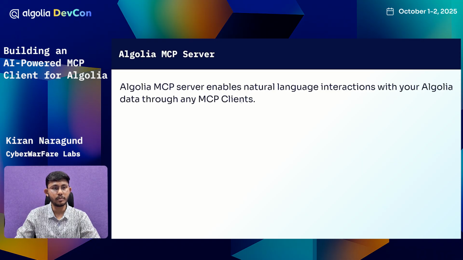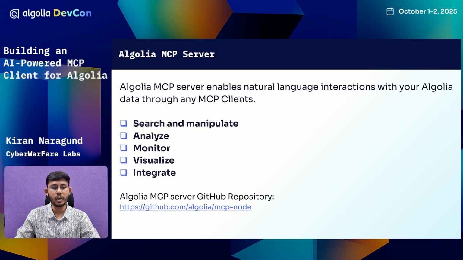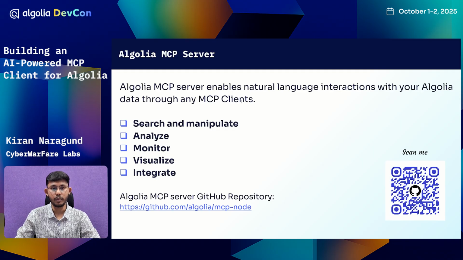If you connect to the Algolia MCP server, you can search and manipulate your data, analyze your data, monitor your data, visualize your data, and integrate this data into your application. Algolia made this repository available publicly and open source. You can scan this QR code and explore the repository, and you can connect your Algolia data as well.